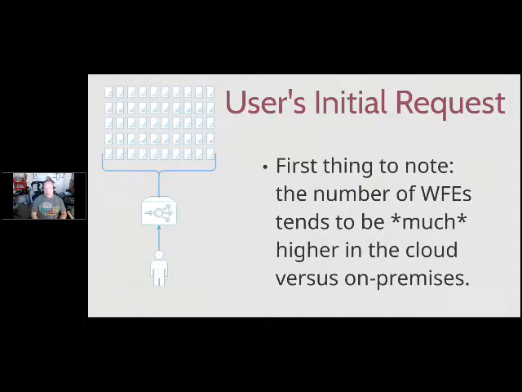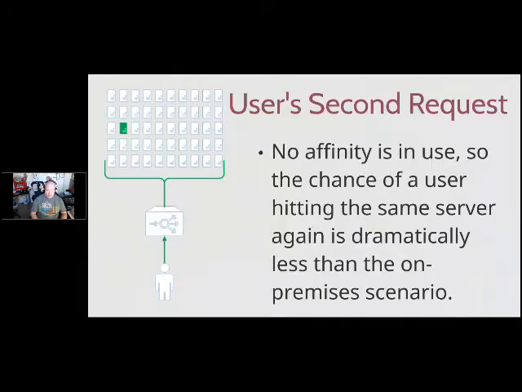In this case, let's say you've got 50 web front ends in your stamp. Well, the first thing to note is the total number of web front ends is quite a bit larger here. So when you make that first request to the environment, chances are you're not going to hit a server that's primed with the data that you need. So that cache isn't going to help you out much.